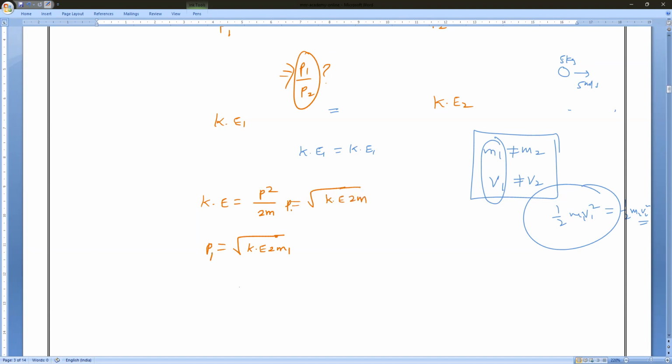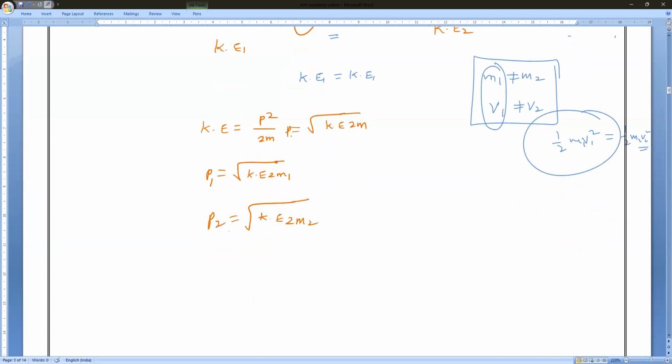Now for the two bodies, P1 and P2, the kinetic energy is the same.